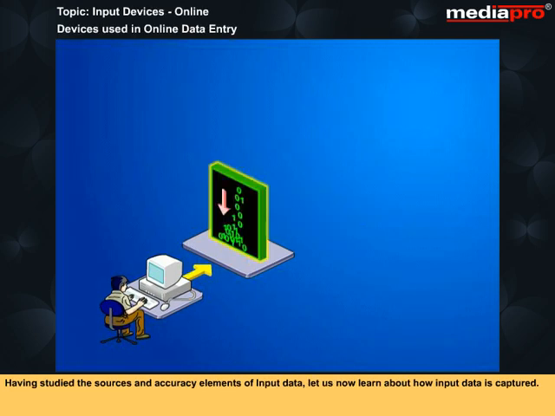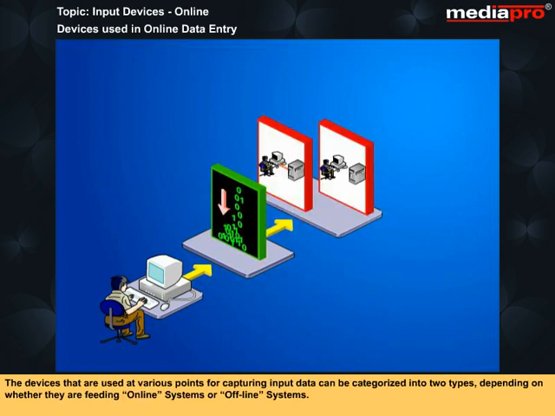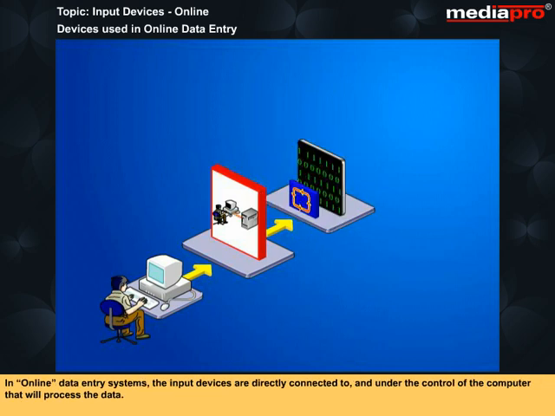Having studied the sources and accuracy elements of input data, let us now learn about how input data is captured. The devices that are used at various points for capturing input data can be categorized into two types, depending on whether they are feeding online systems or offline systems. In online data entry systems, the input devices are directly connected to and under the control of the computer that will process the data.